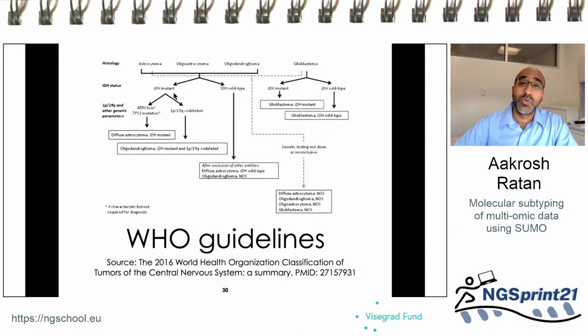If you're IDH mutant, then you look at ATRX loss or TP53 mutation, so that makes you a diffuse astrocytoma. Or if you have a chromosome 1p arm and chromosome 19q arm co-deletion, then you become an oligodendroglioma.